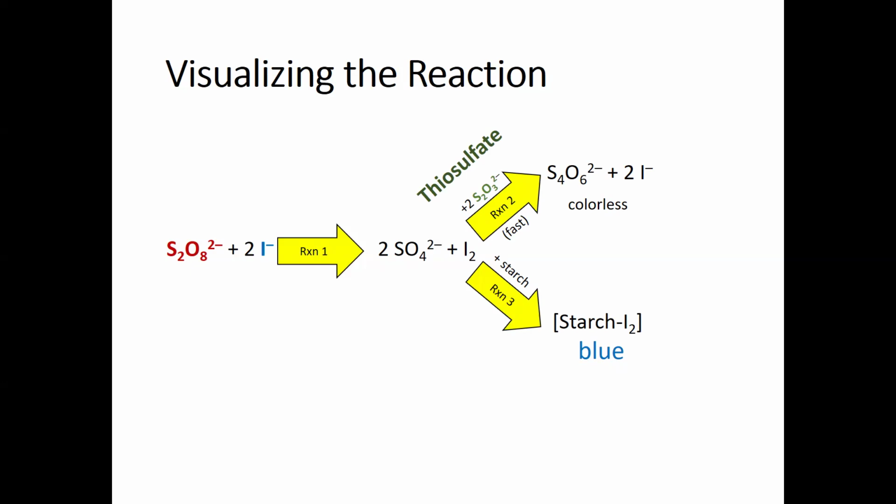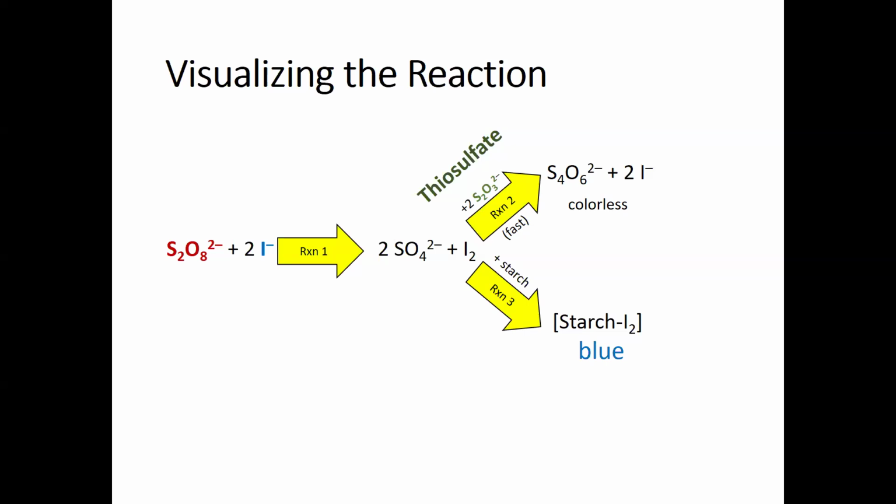So in this diagram, if we have S2O8 persulfate, the red reactant, and iodide reacting, they'll make sulfate and iodine. But before the iodine can combine with the starch to turn blue, the thiosulfate is going to use it up and turn it into a colorless iodide product.